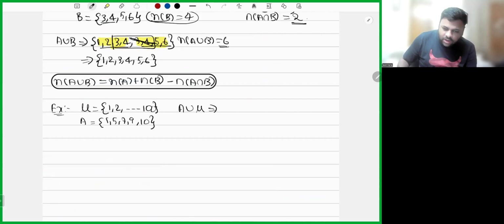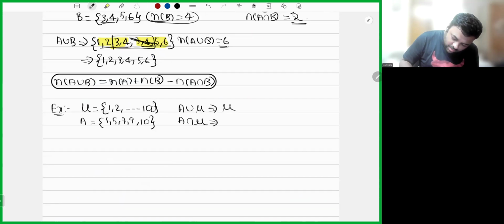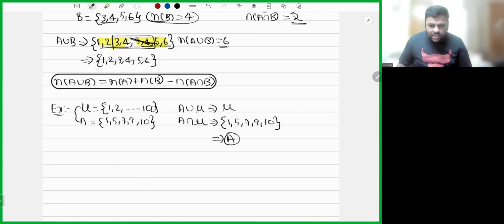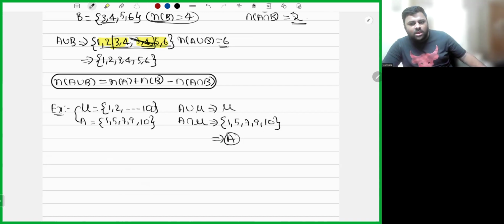You are merging A and universal set. Obviously universal set. A intersection universal set. What is the common element between A and universal set? Obviously, sir, only 1, 5, 7, 9, 10 are common. So answer will be 8. Okay. So I hope all these points are clear with respect to sets. All the basic points we are covering.